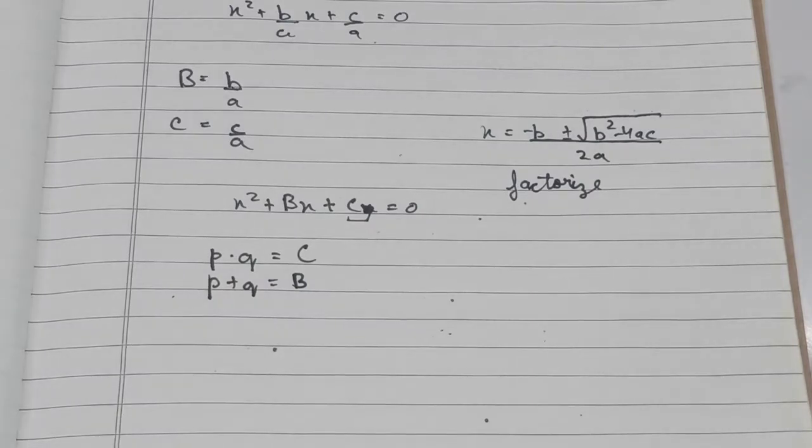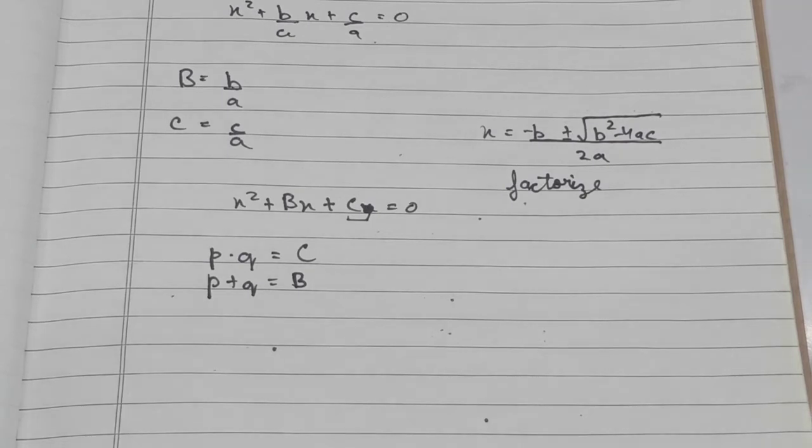Usually we put a negative here to remove sign ambiguities. So we have p into q as c and p plus q as negative b.